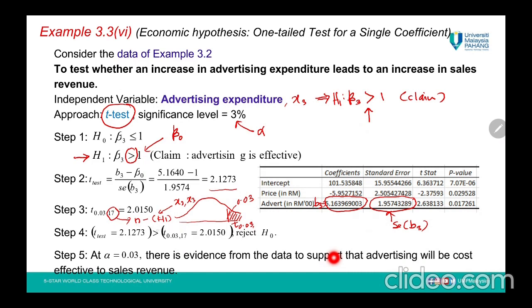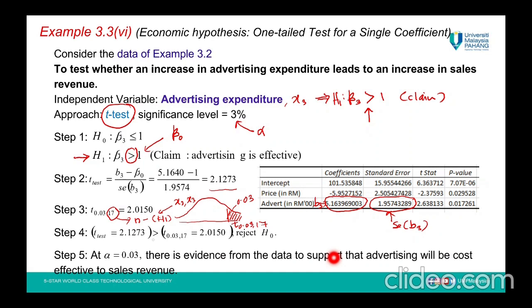So the degrees of freedom here is 17. By using the statistical table for t 0.03 and degrees of freedom 17, the value is 2.0150. So now we complete step 3.